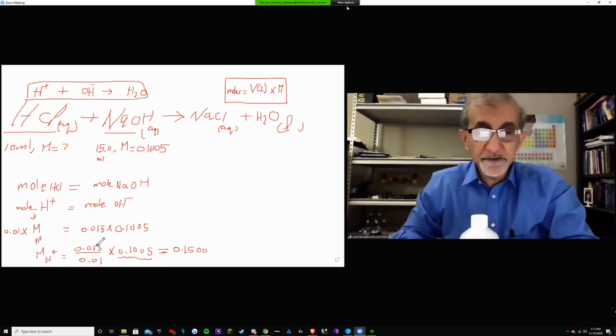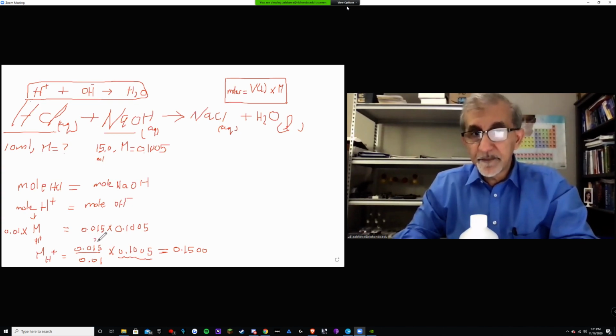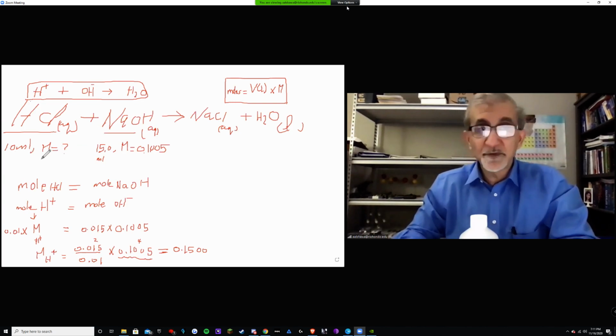Following the rule of sig figs, the 0.015 once again has 2 sig figs, that number has 4 sig figs, and both are divided by 1 sig fig. That's the volume of 10 milliliters, which is 1 sig fig.